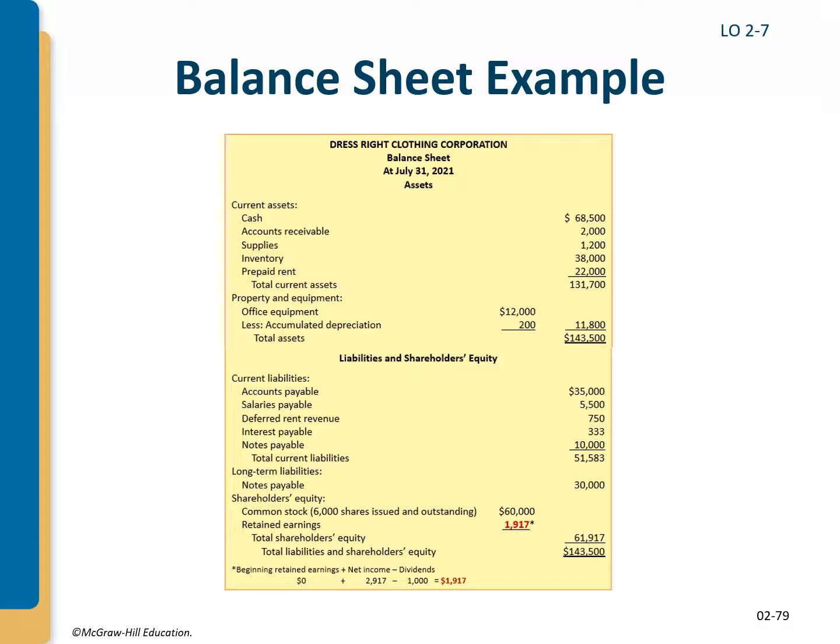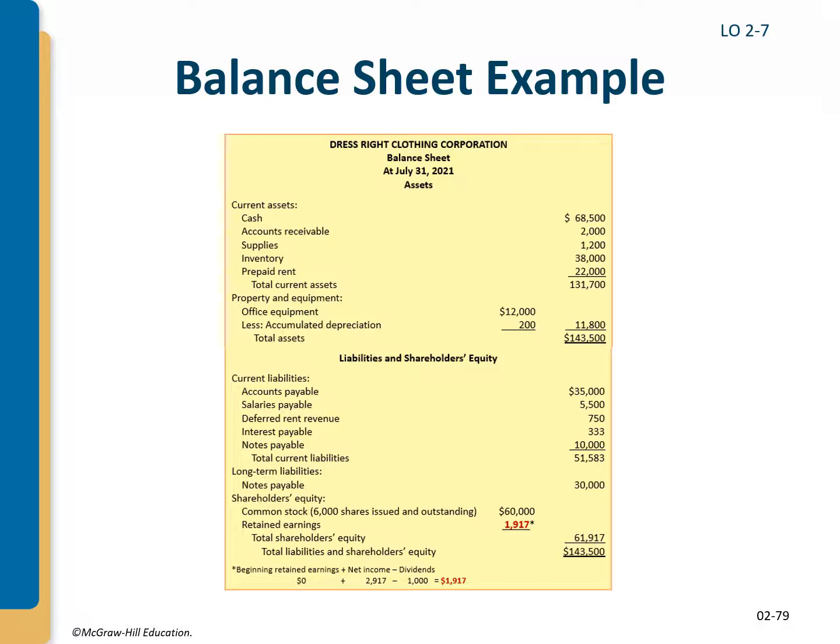We total them up. The only long-term asset Dress Right has is property and equipment. It has office equipment. So we'll list the office equipment. Remember, when there's a contra account, you must subtract the balance of the contra account from its buddy. So less accumulated depreciation.